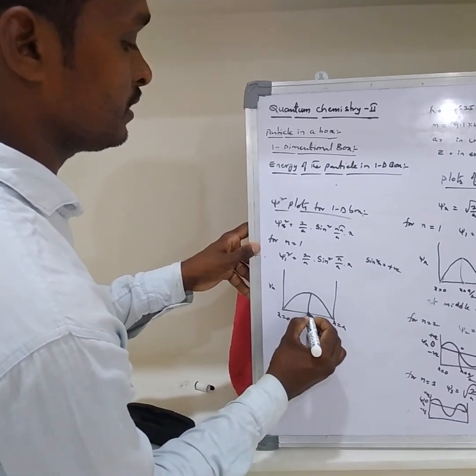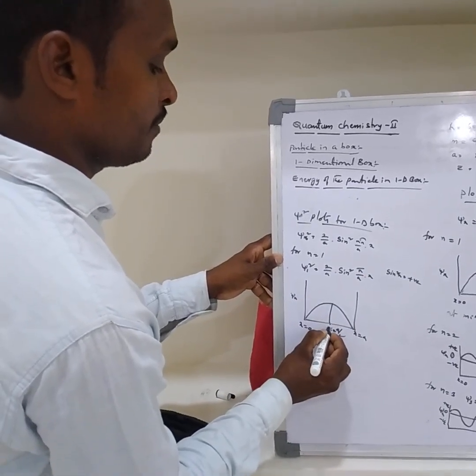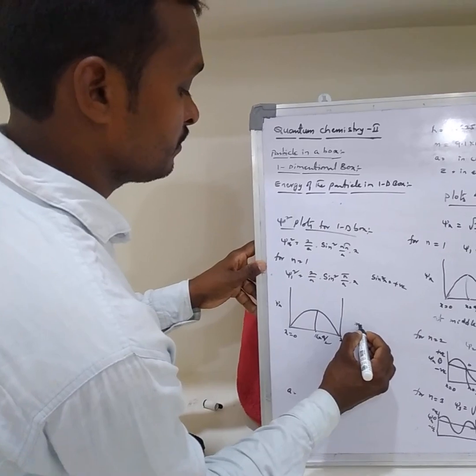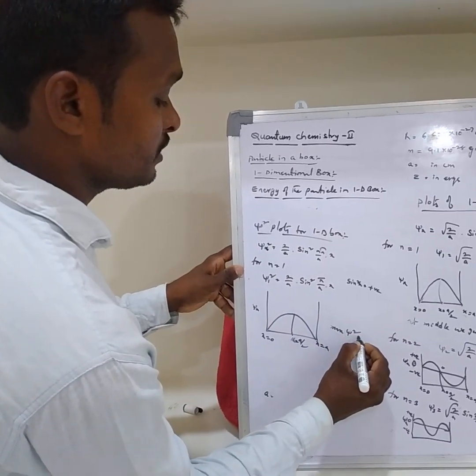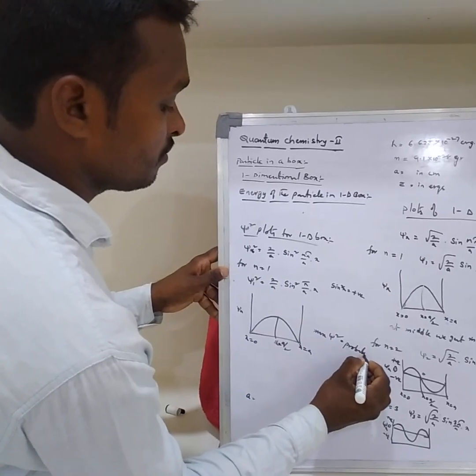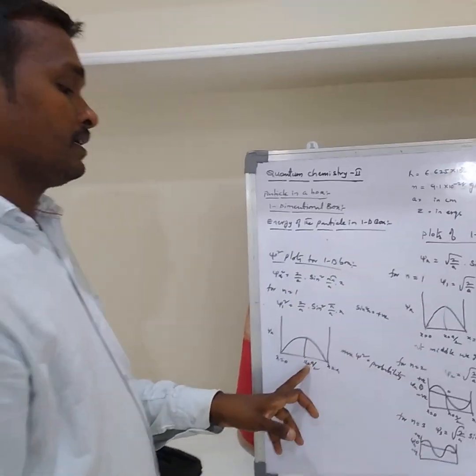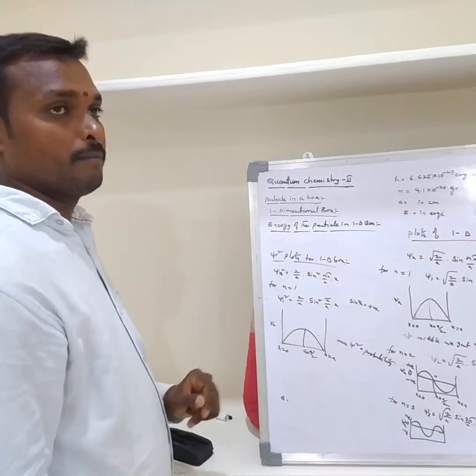At the middle, substituting x equal to a by 2, we get the maximum psi square. Psi square represents probability, so the probability value at the middle of the box is the maximum.